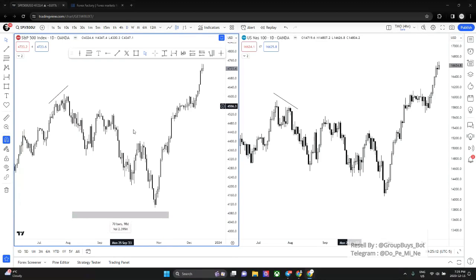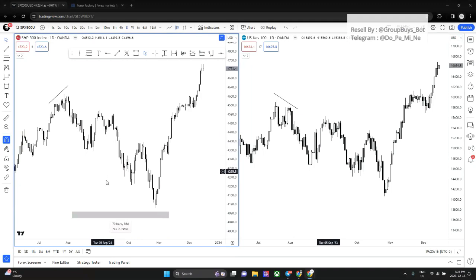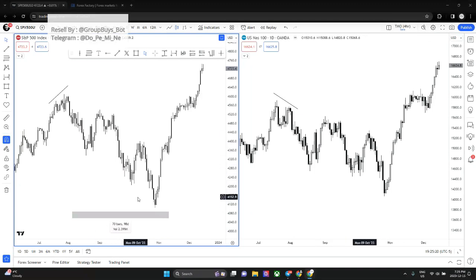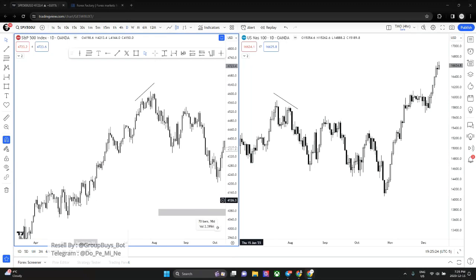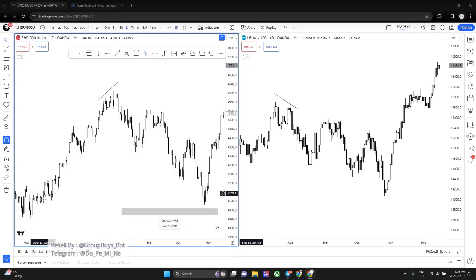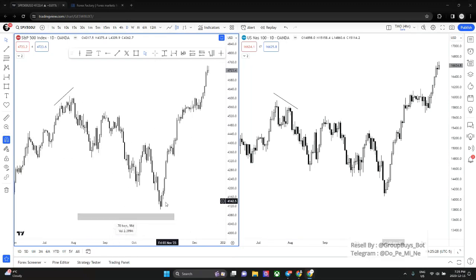When price fell here, it immediately rallied. There was no major indication that price would rally down here. There's no PD arrays here that would make sense. This is all time based.